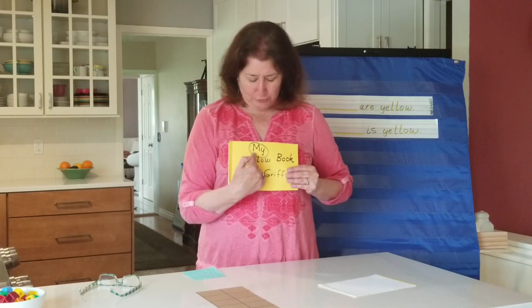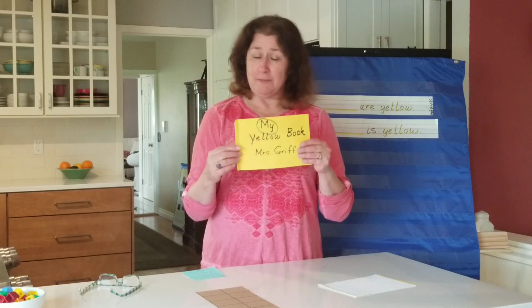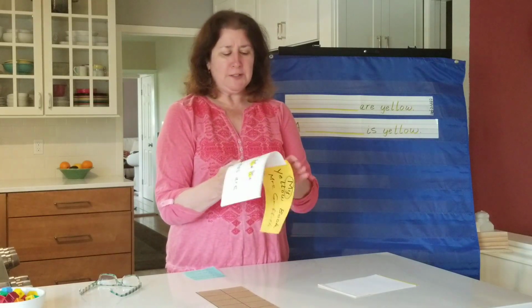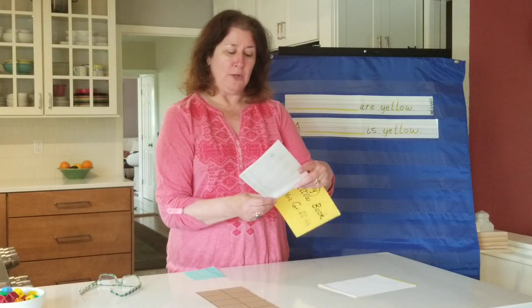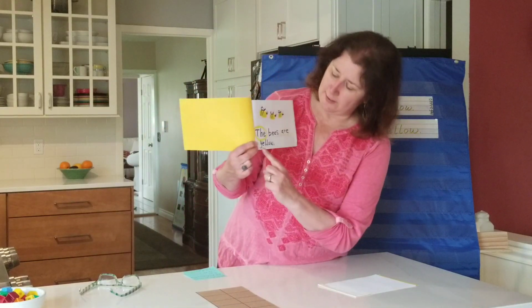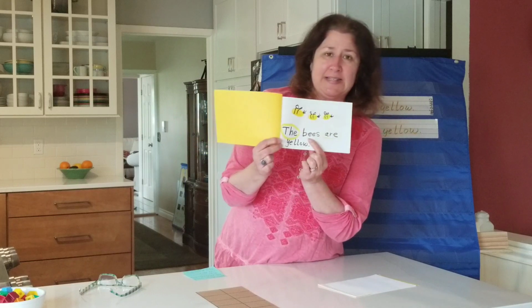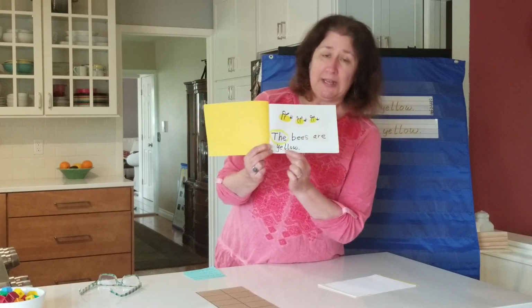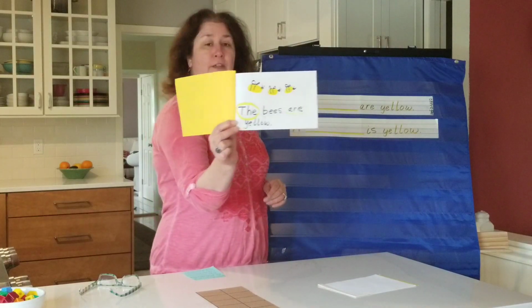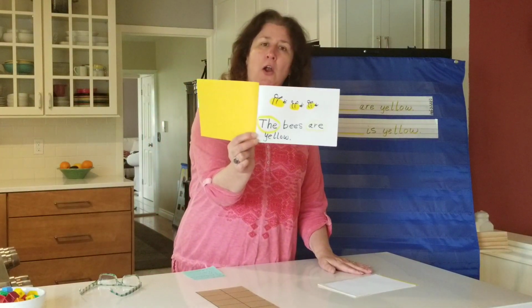Okay, I circled the high frequency word my on my book. You could do that too. So the first page in my book is, and I'll read this for you. You can read it with me. The bees are yellow. Okay, so I'm going to write a sentence that goes with my picture. The bees are yellow.